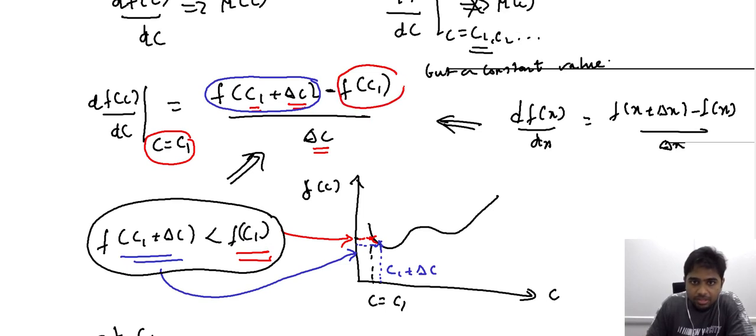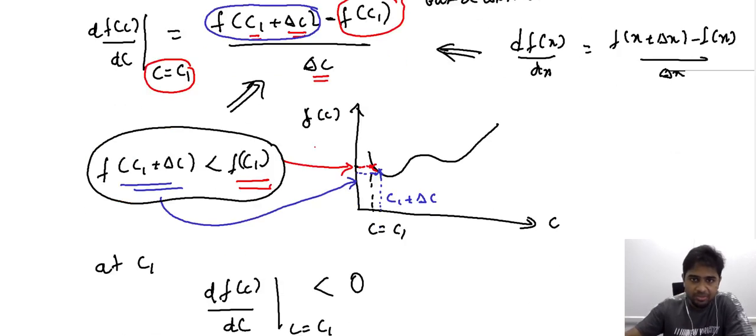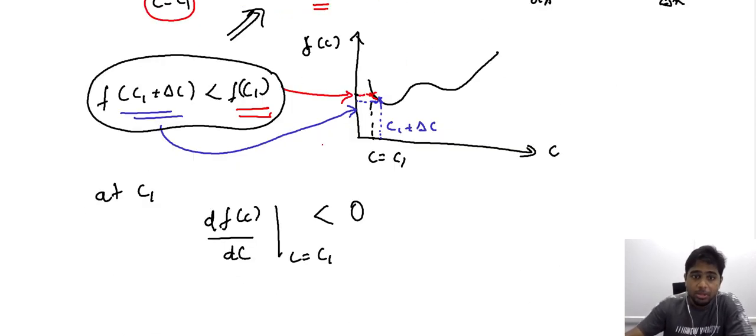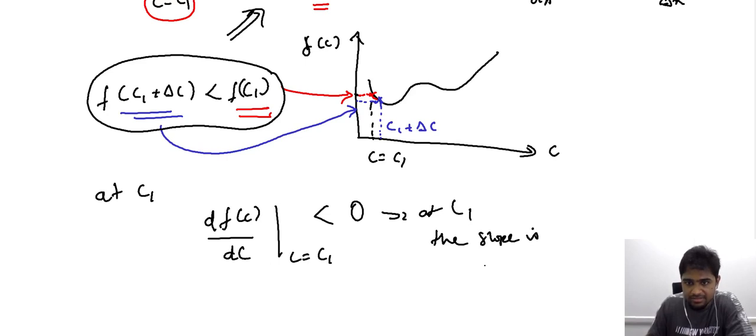Therefore, the numerator will assume a negative value, and delta C, the change in the concentration, assumes a positive value. So at the concentration that we desire, the derivative assumes a negative value. The derivative is of negative value. So what it means is that at C1, the slope is negative.